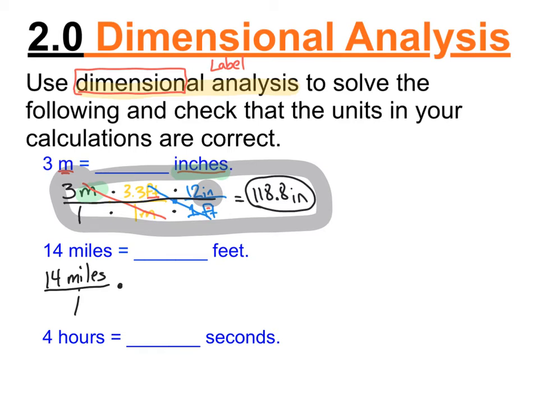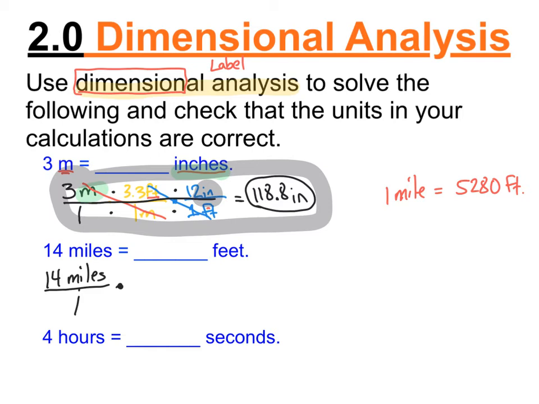I'm going to multiply that by my first conversion, and the conversion I'm going to use is miles to feet. You can look at your conversion sheet, and on that sheet it says we know 1 mile is equal to 5,280 feet.